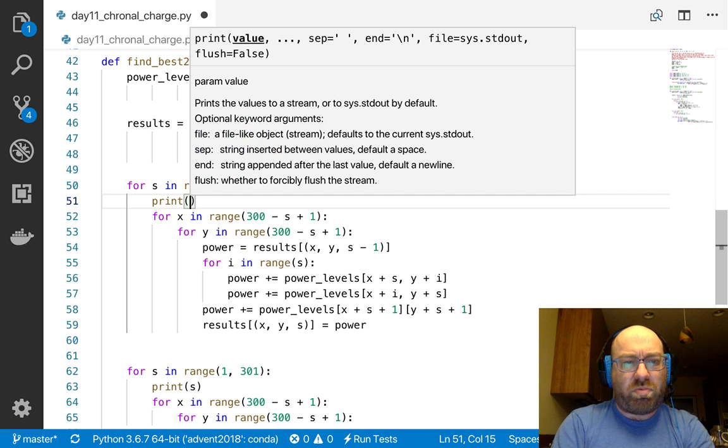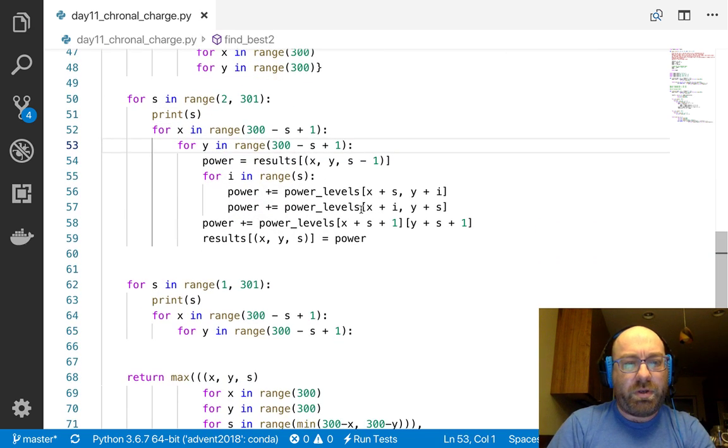And let me just print s so we can see how fast we're going.